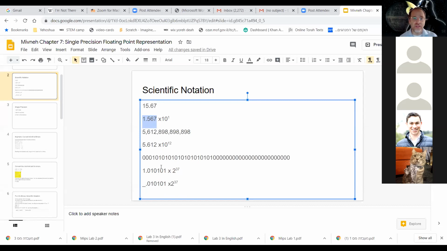So it would be here this, and here this, and here this, including the implied 1. But in reality, we're not going to write that 1, and we're not going to write the dot either. We're just going to write this. So that'll be our mantissa with an implied 1.